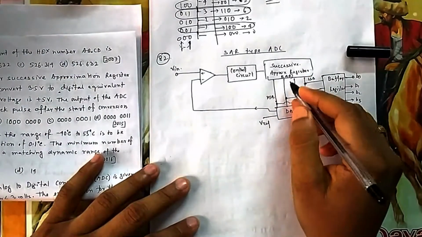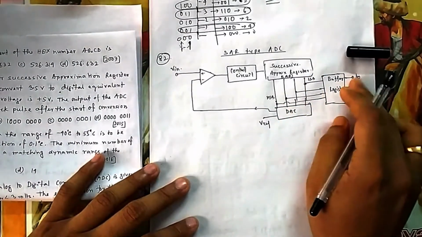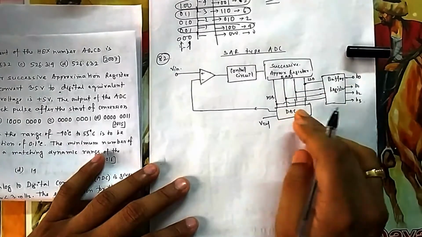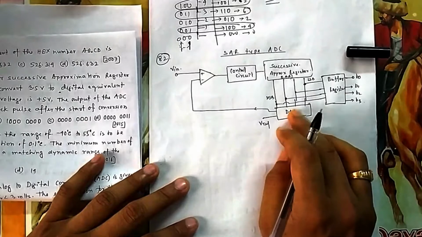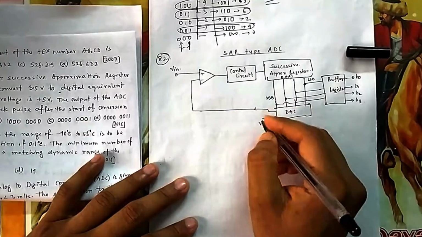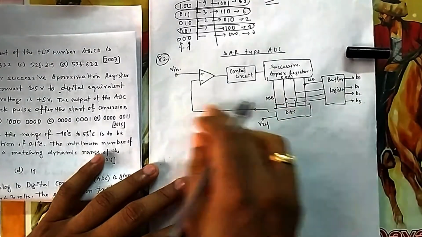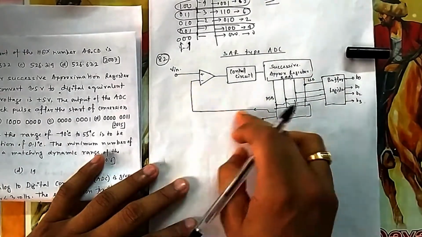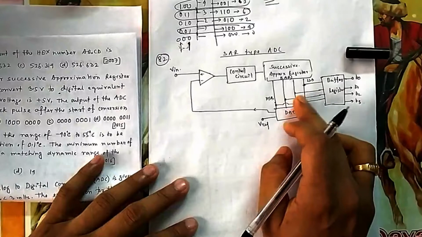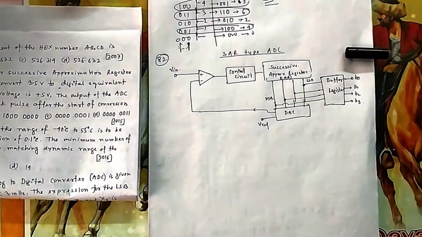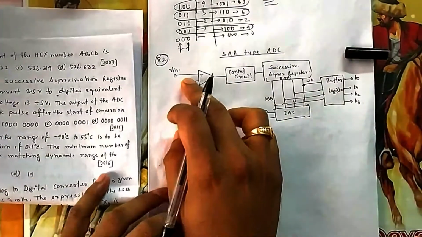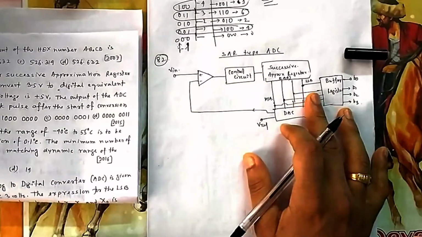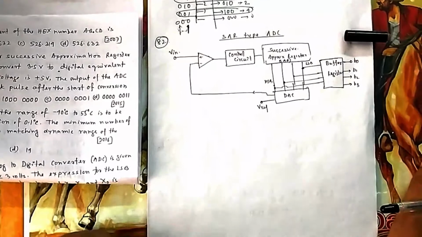These are your outputs, which are taken as binary outputs, this one is MSB, this one is LSB, which is converted using a DAC again. You give a V reference with which it is compared, and some portion of V reference you send as feedback according to these digital outputs, MSB to LSB, and then we compare. If this is greater than this one, then we do it one way. If this is less than this one, then we do it in a different way.